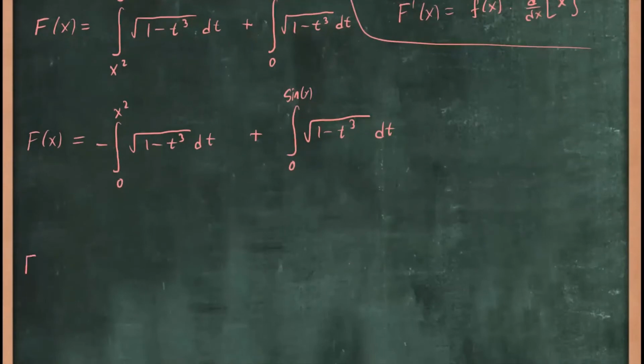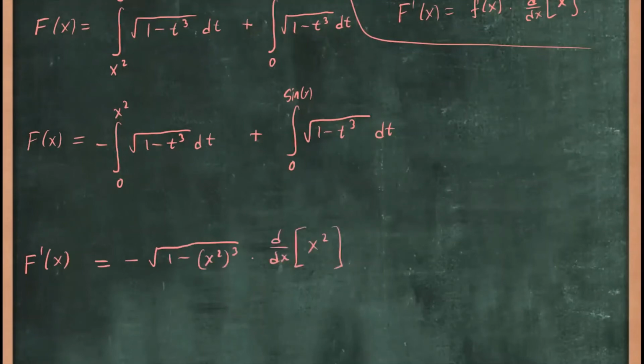So on the left-hand side, we have F prime of x. And on the right-hand side, using the fundamental theorem of calculus, everywhere there is t in the function, you're going to substitute the upper limit of integration. So we have negative square root of 1 minus t replaced with the upper limit of integration, which is x squared, cubed, times the derivative of the upper limit of integration.